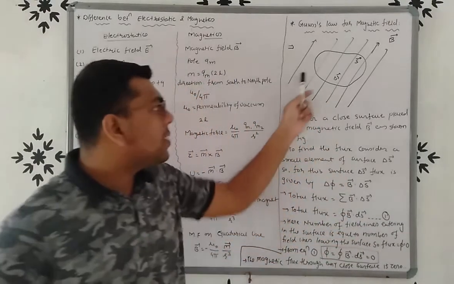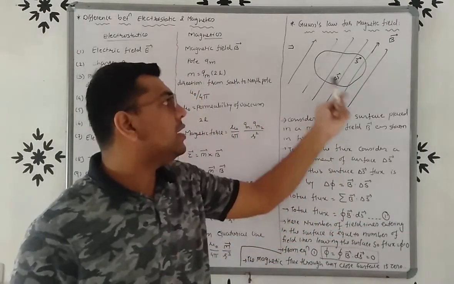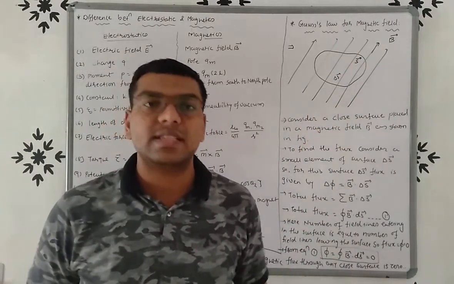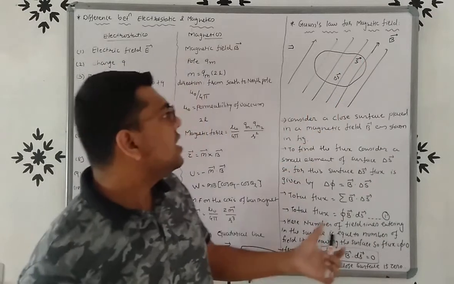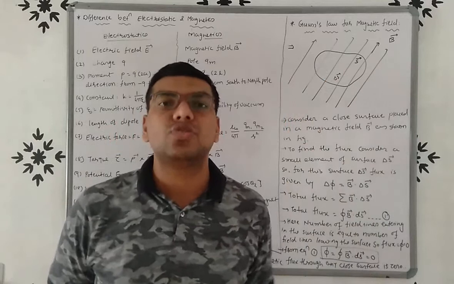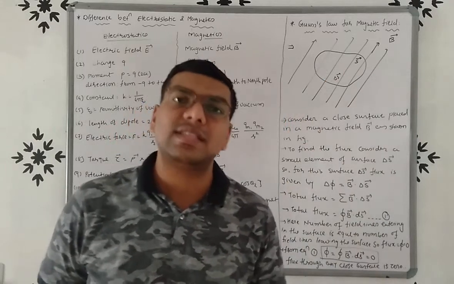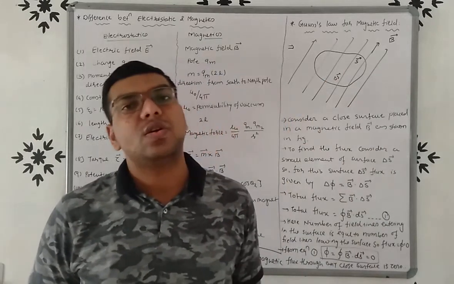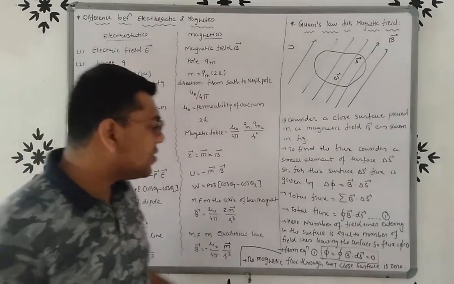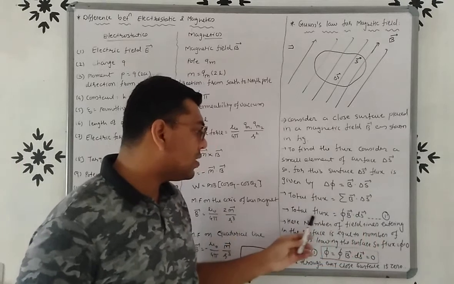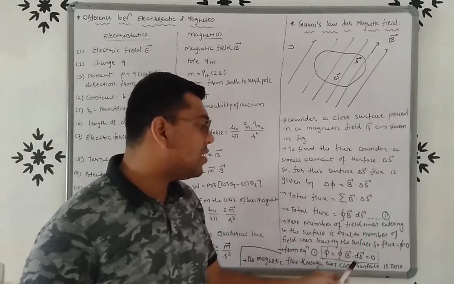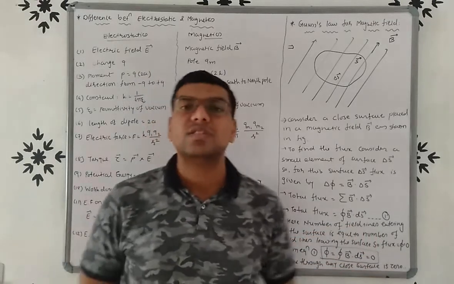But here friends, the number of field lines entering into this surface is equals to the number of field lines leaving the surface. So the flux will be 0. So if the flux is 0, then from equation 1, total flux phi is equals to closed integral of vector B dot vector ds is equals to 0.